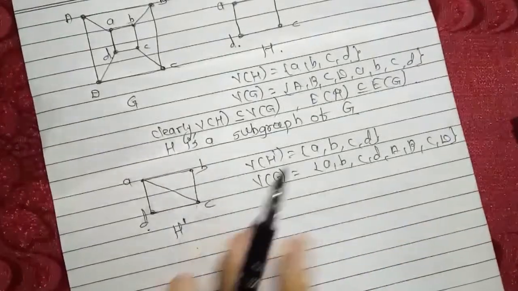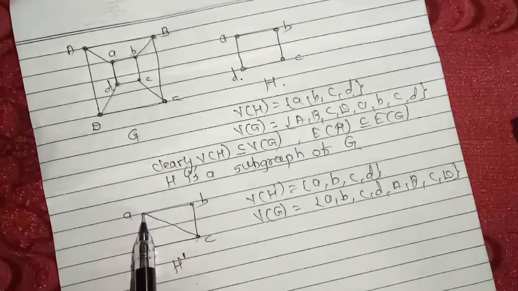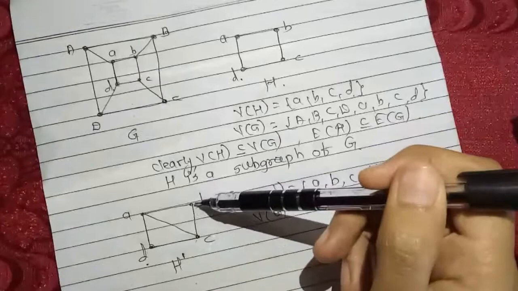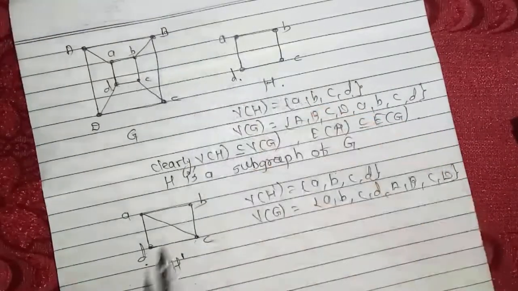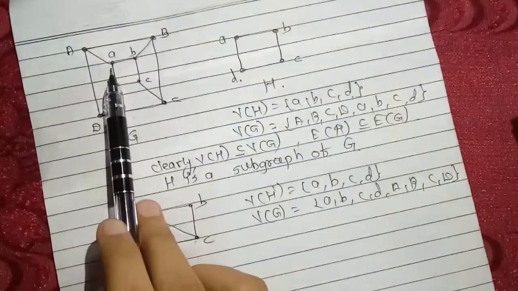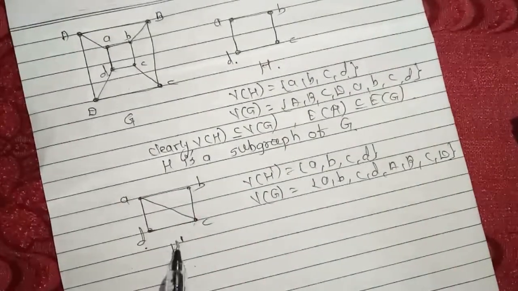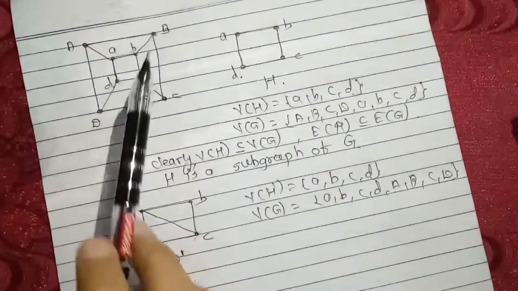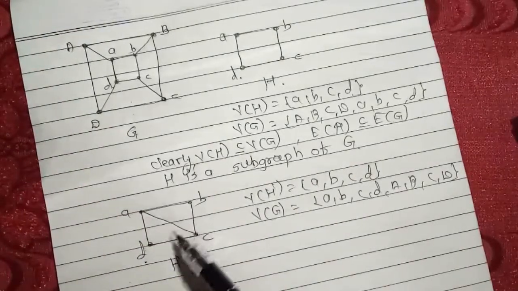So the next step is the edge set of H dash. Let us compare both graphs. There is an edge between A and B in both. Next there is an edge between B and C, and in graph G there is also an edge between B and C. Similarly there are edges between D and C, and A and D in both. But if you look at H dash, there is also an edge between A and C. If you check graph G, there is no edge between A and C. So this edge is extra.